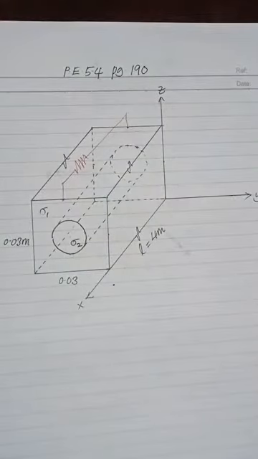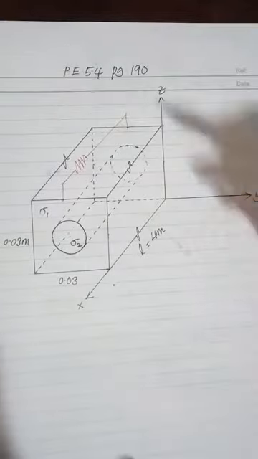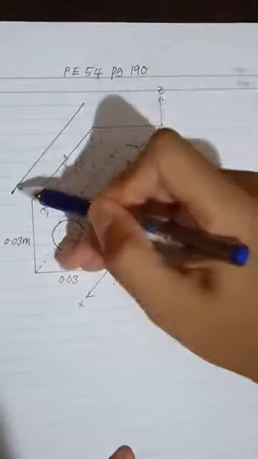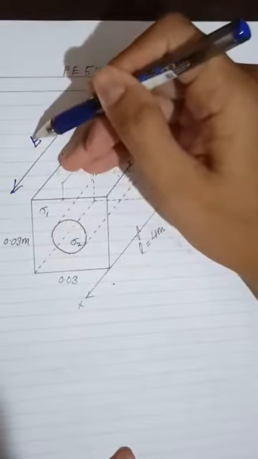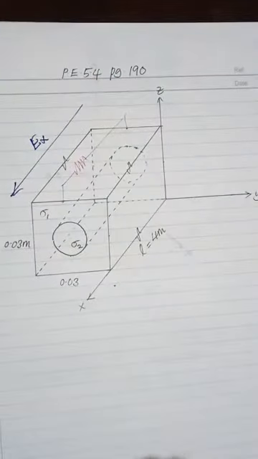And we know that this has a uniform cross section, so the E field can also be a uniform field. If you want to draw the E field, you can draw as such. Let's say the E field in the X component.